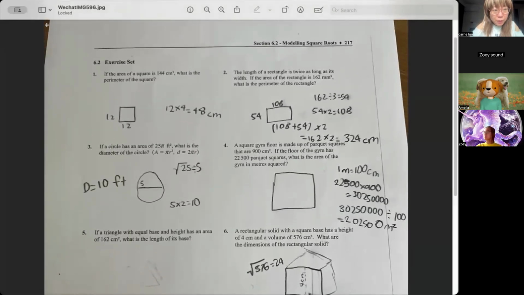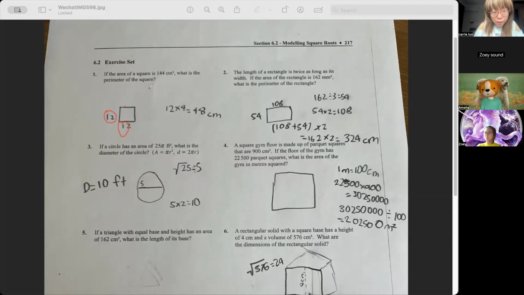So Amelia, sorry, first, I don't like how you did this. Let me show you how to do it. If the area of the square is 144, where did you get the 12? Square root of 144.